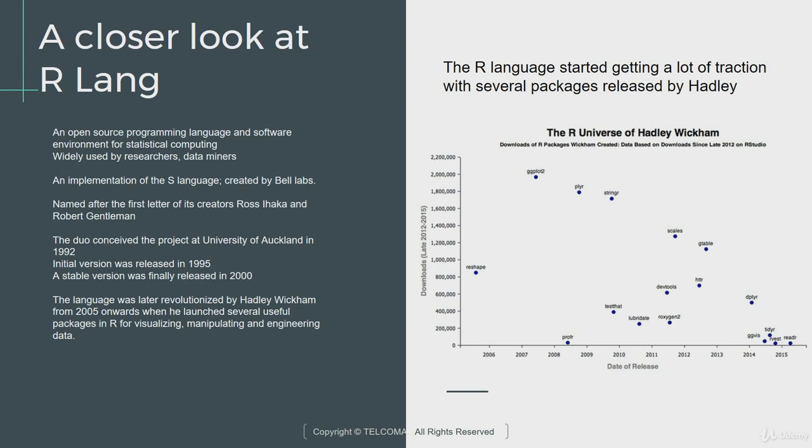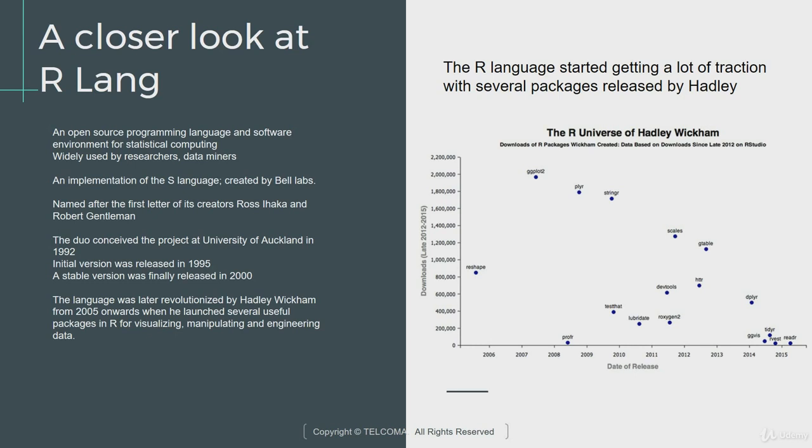He actually launched various packages that made life very easy with R. A lot of packages around visualizing data and manipulating data were made possible by the packages launched by Hadley Wickham. It started in 2005 when he launched the package Reshape. What we do with pivoting in Excel is what we do in Reshape. So it made the process of pivoting data across dimensions extremely simple.